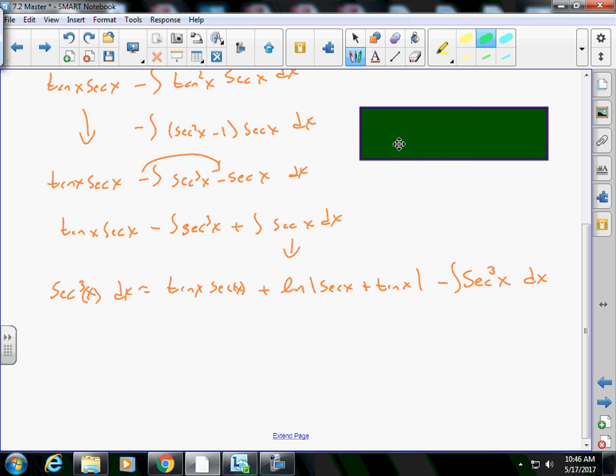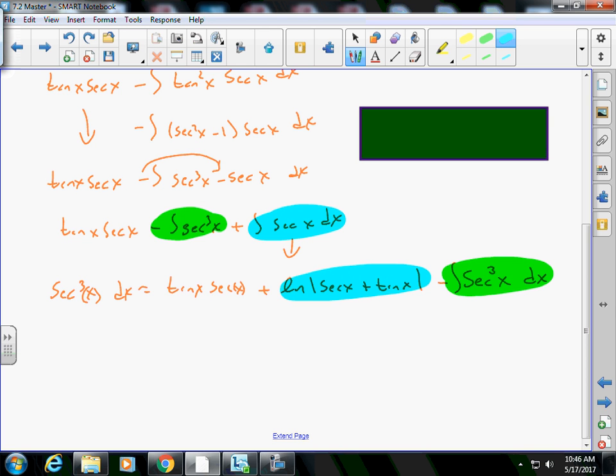So just so we can highlight and see where things are, this part is this part. I took this and integrated that part. And then this was already here. And then this part here came from the original problem. Whoop, and I forgot one part, my integration symbol.